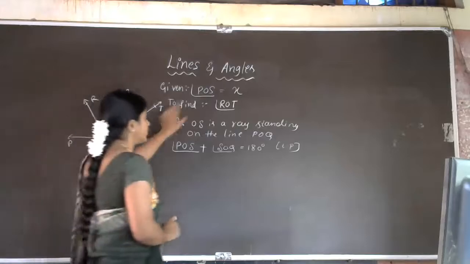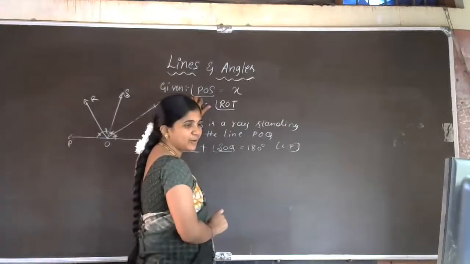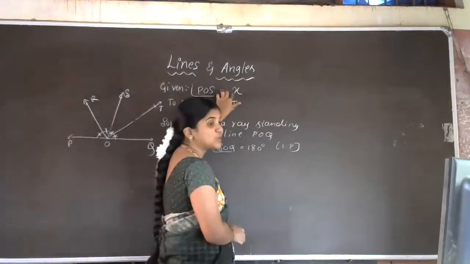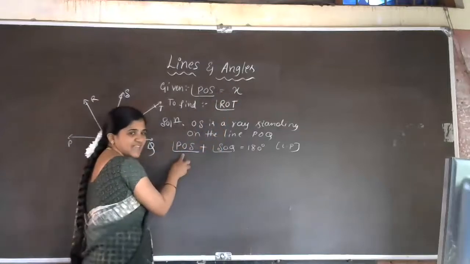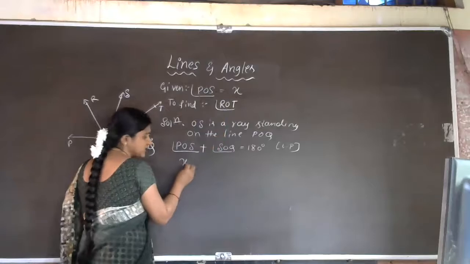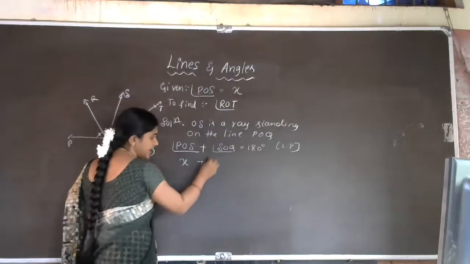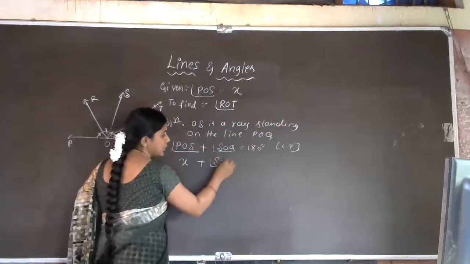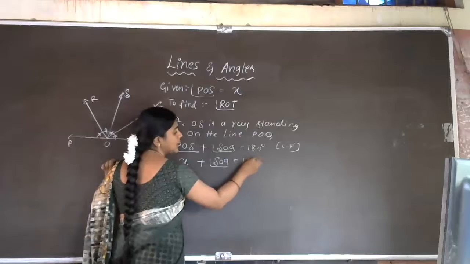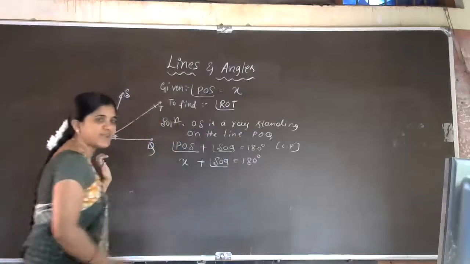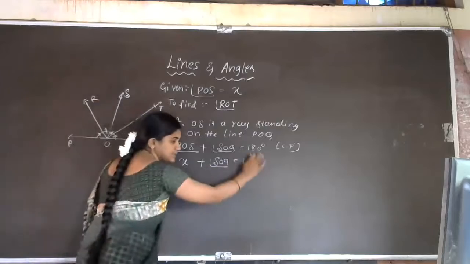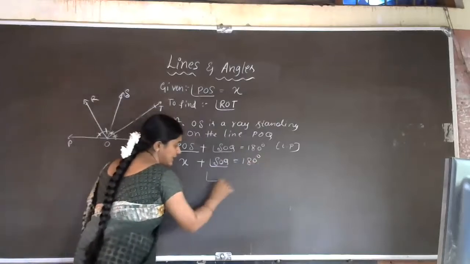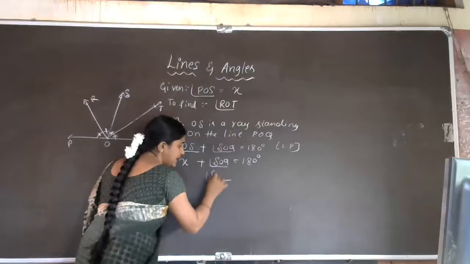Now you just observe what is given actually in the problem. POS is equal to X, it is given. Can I substitute POS as X? Now X plus angle SOQ is equal to 180 degrees. Got the idea of the second step now? Now I'll convert this X plus SOQ is equal to 180 in the form of angle SOQ.